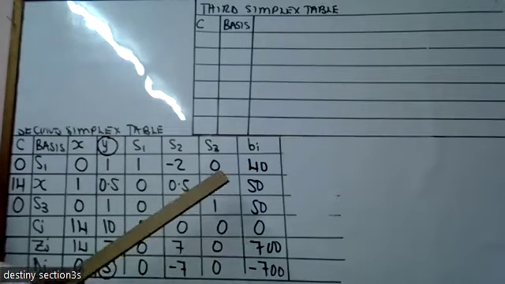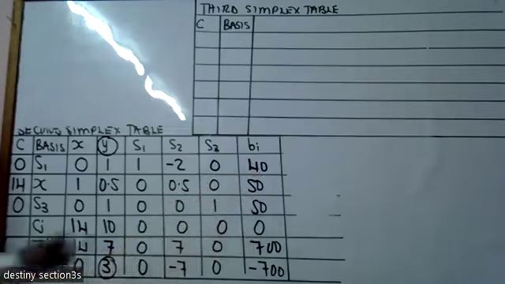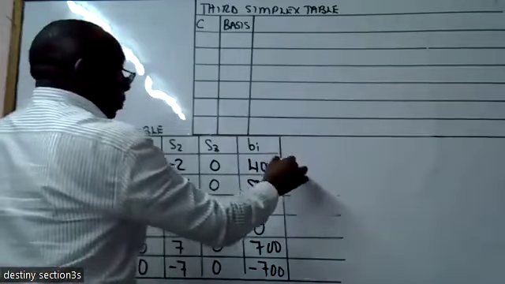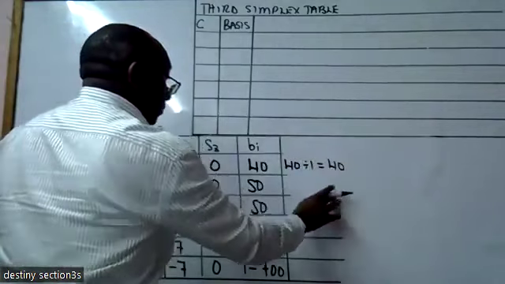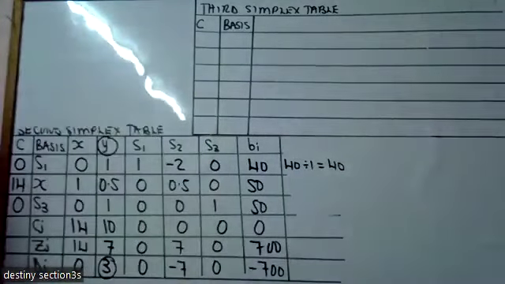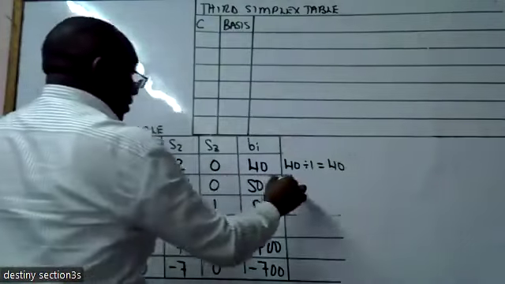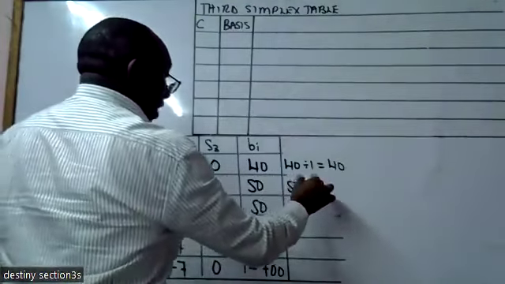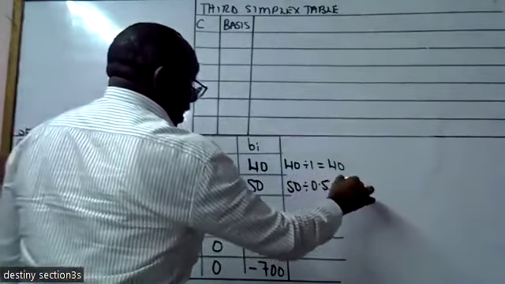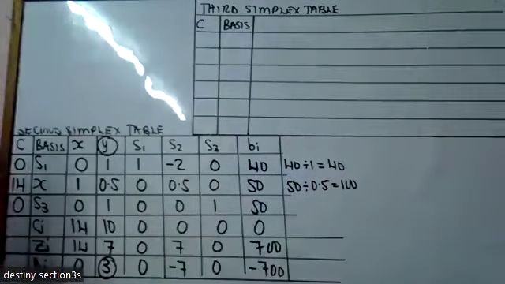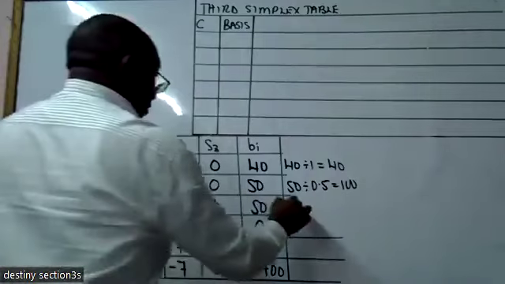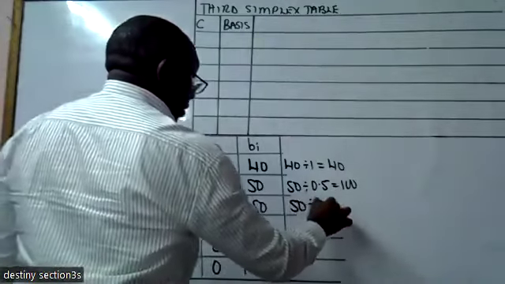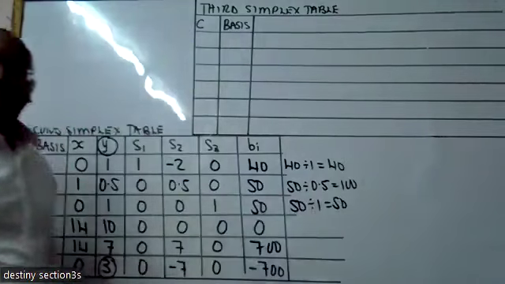The ratio is 40 divided by 1. 40 divided by 1, that is 40. Then this one will be 50 divided by 0.5, that is 100. This one will be 50 divided by 1, that is 50.